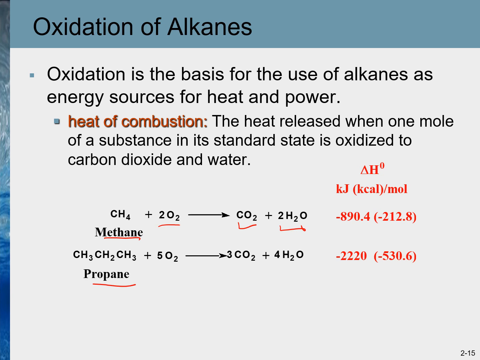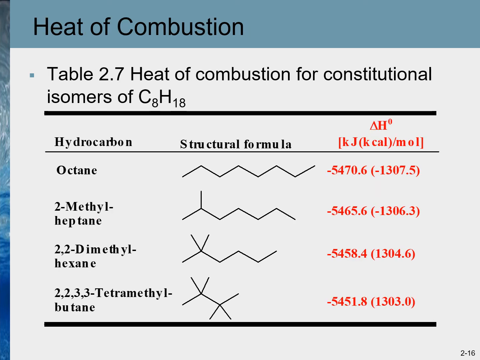A couple of examples of oxidation of alkanes, such as methane and propane, are given here. As you can see, regardless of what alkane we start with, the products are always the same. In the oxidation reaction of alkanes, the energy of products is much less than the energy of the starting compound alkanes.